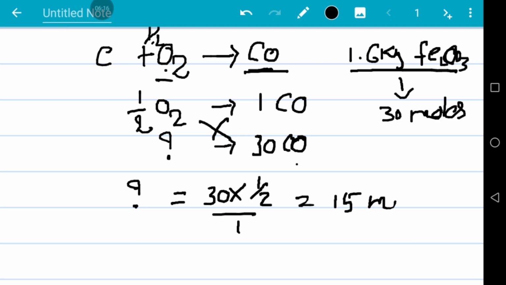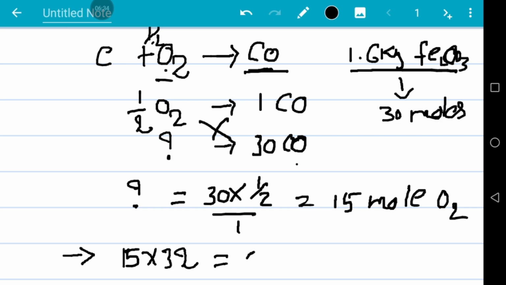So 15 moles of oxygen is required. But they didn't ask in terms of moles, they are asking the amount of oxygen. So 15 into 1 mole of oxygen weight, which is 32. 15 times 32 gives 480 grams. So 480 grams of oxygen is required to produce enough CO.